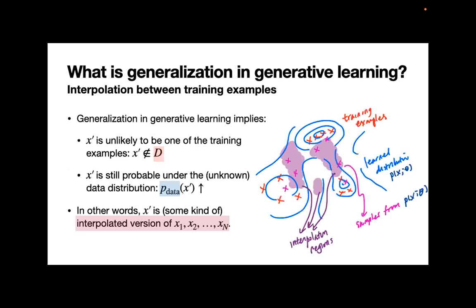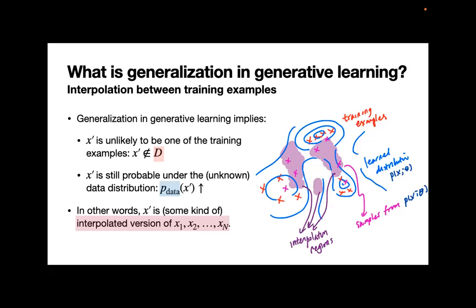So let's be a bit more specific about what we mean by generalization in generative learning. The first thing is that this sample x prime that I got from this generative model cannot be one of the training examples, because once that happens, it doesn't generalize. It's not an interesting generative model. The second is that this x prime still has to be probable under the unknown data distribution.